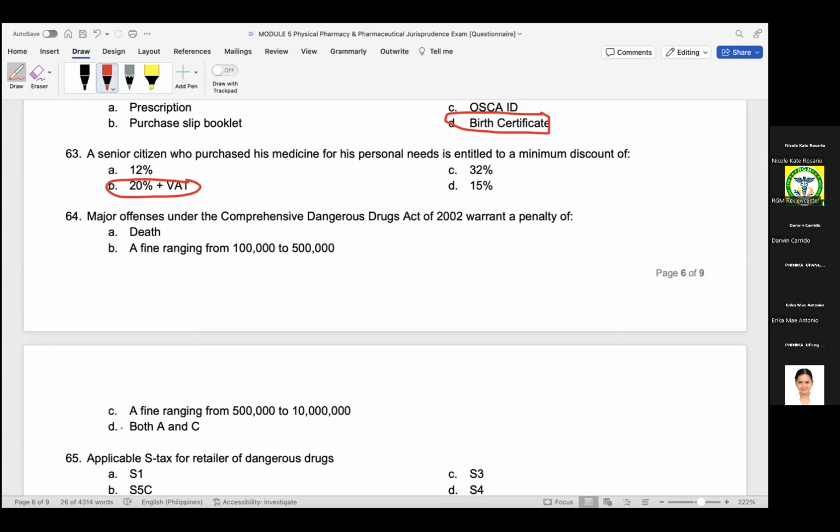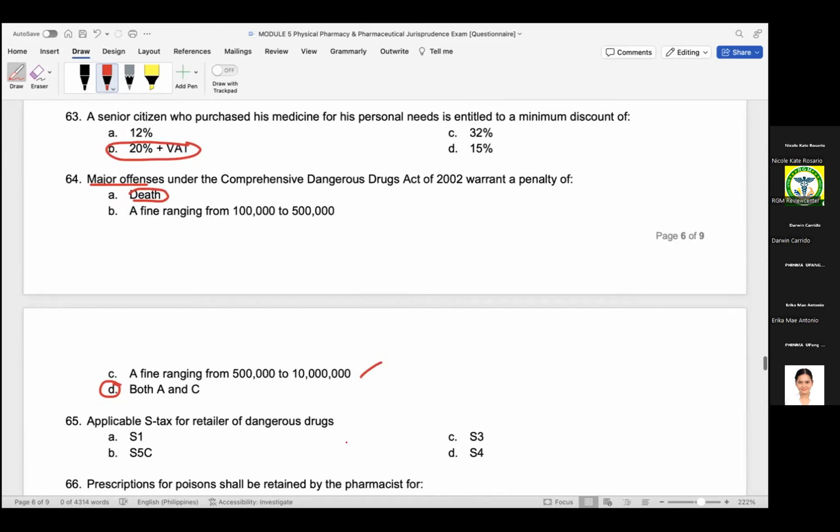Letter D, both A and C. Yan. Major offense yung maximum, 'di ba? Doon sa law, may death penalty, pero naka-hold kasi ito, may TRO, temporary restraining order because of human rights issue. Pero yan yung nasa batas. Tapos ito, 10 million yung maximum na payment for or fine for major offense.